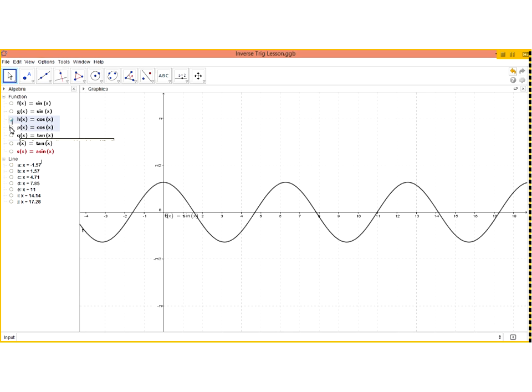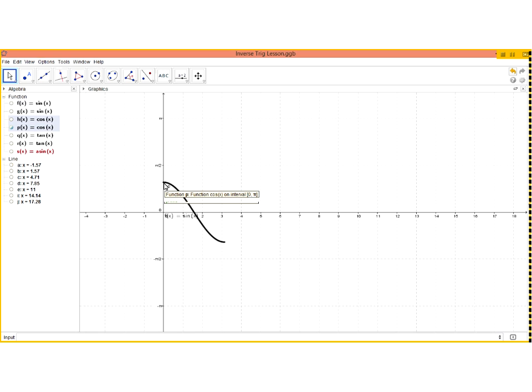I need to have a one-to-one function. So how do I restrict my domain on cosine so that I get a one-to-one function? I take the part from 0 to pi. So my restricted domain for cosine is from 0 to pi.